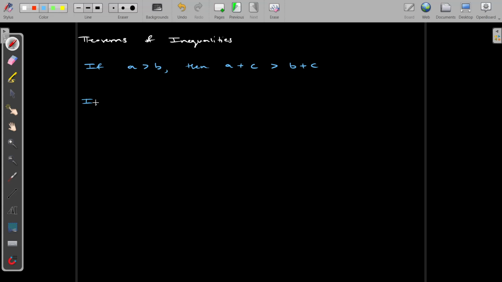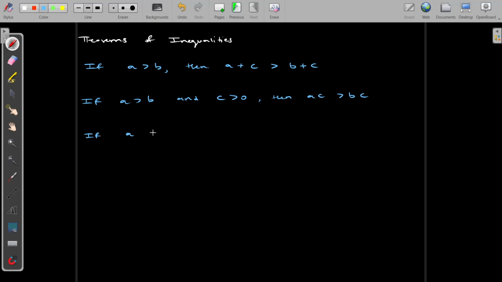The next one, if A is greater than B and C is greater than 0, then AC must be greater than BC. Self-explanatory once more.